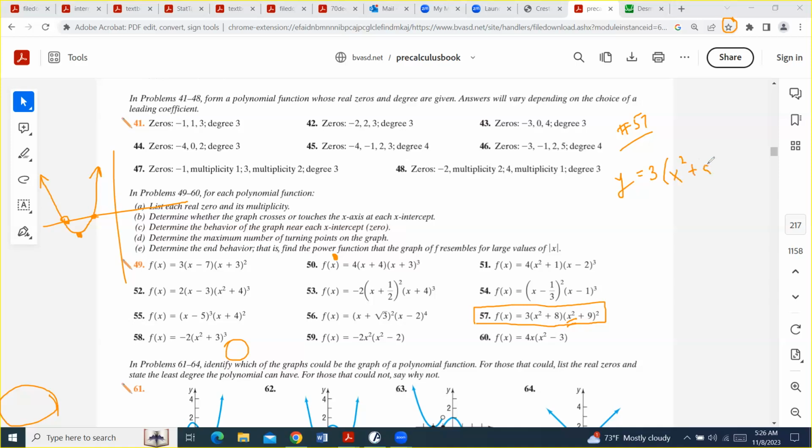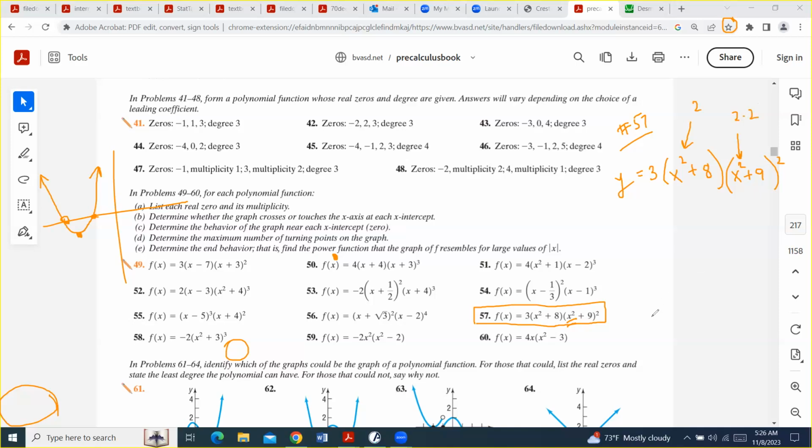But it's positive 3, so it doesn't matter for degree. So in the first parentheses, I have x squared. So I already know that the power here is 2. Well, in the second parentheses, it's x squared plus 9. For x squared plus 9, I have a power of 2 here again, but it's raised to another power. So it's like 2 times 2.